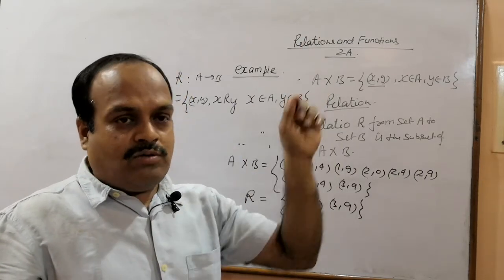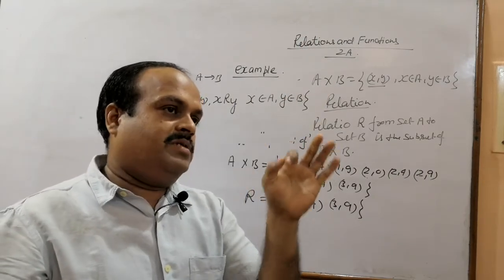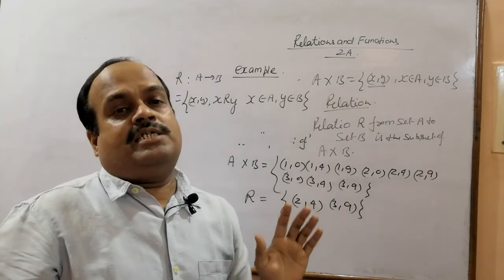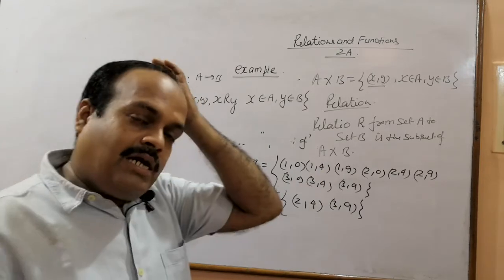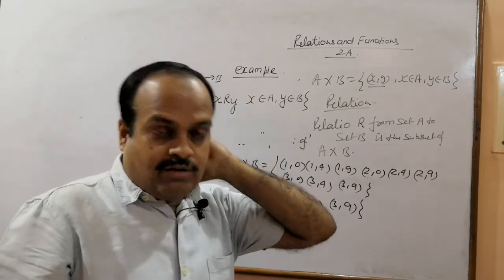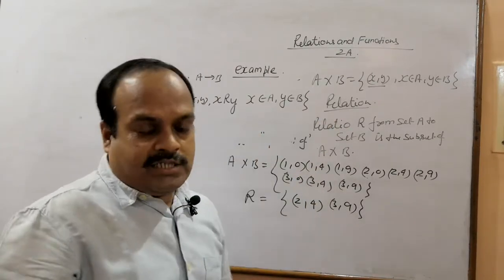If the relation is square root of, the first entry must be the square root of the second entry of the ordered pair element of that relation, or you can say of the Cartesian product.